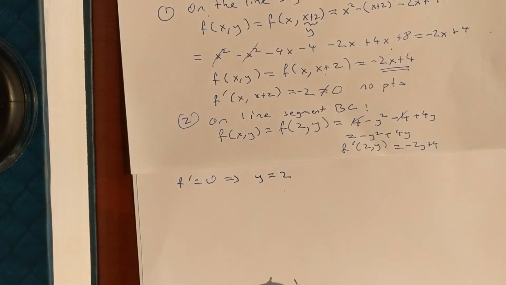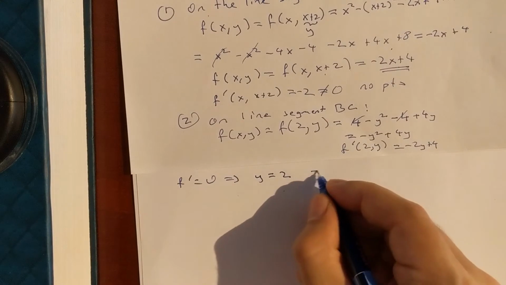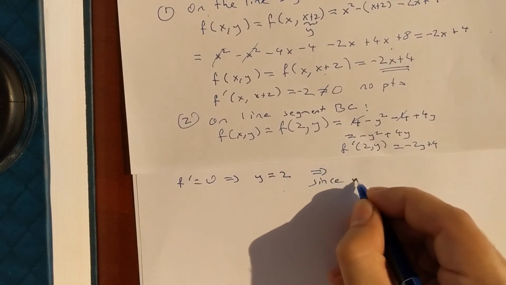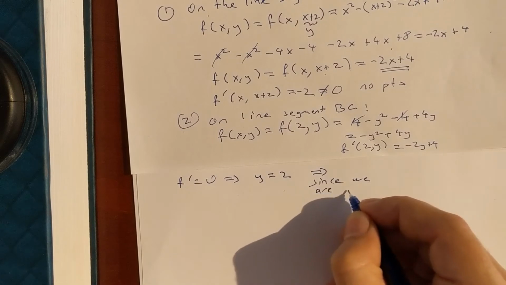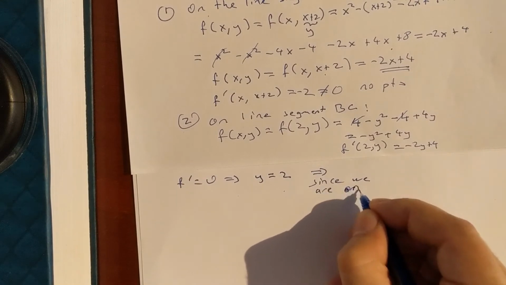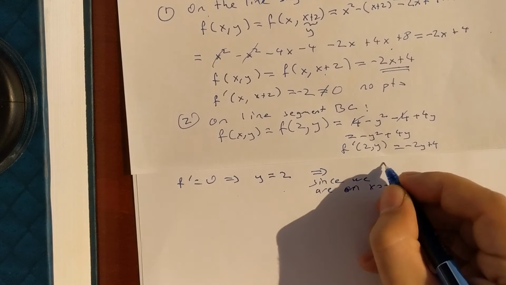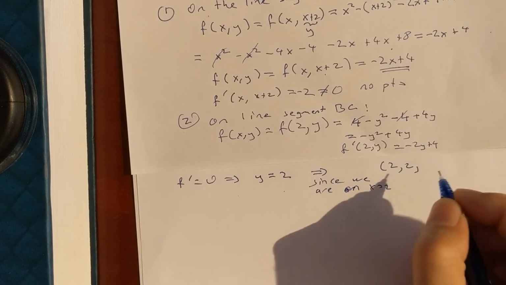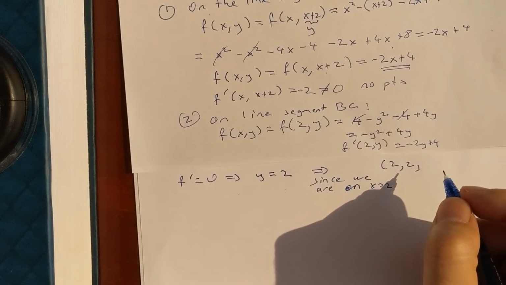But y equals 2, what's the x coordinate? We're on the line x equals 2, so the x coordinate is also 2. We have the coordinate 2, 2, and let's calculate the z value.